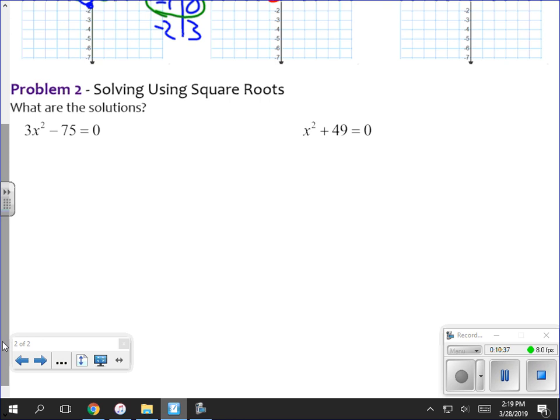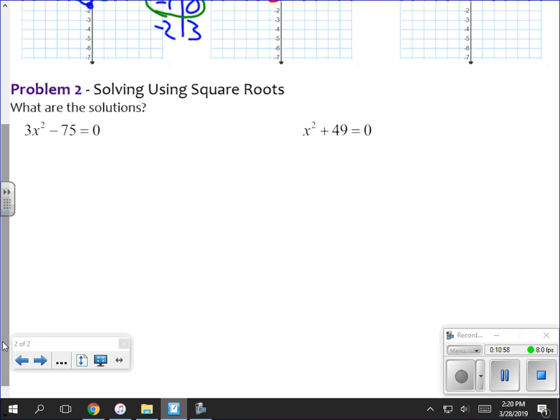Okay? This is a better way of solving them. You cannot do this for every quadratic, but if you ever have just x squared, no other x's other than x squared, you can solve by using square roots. It's a two-step problem.